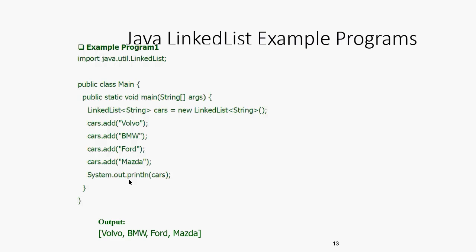Here I have given a simple Java program showcasing the linked list. Similar to the array list, you create a linked list: you have the keyword LinkedList, then the data type, then the name of the list, and you can keep adding information using .add.